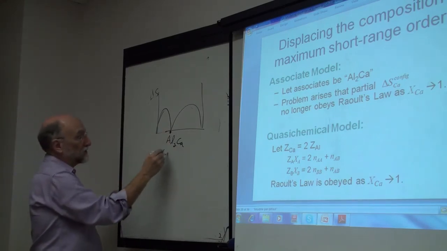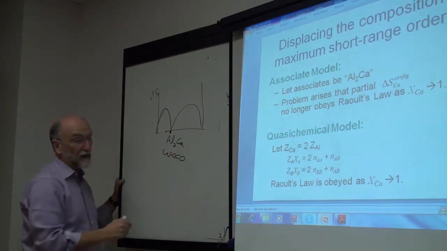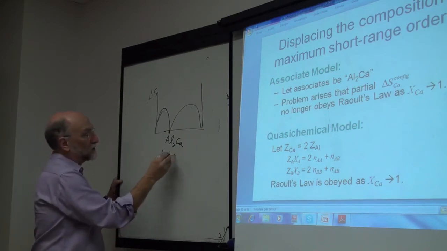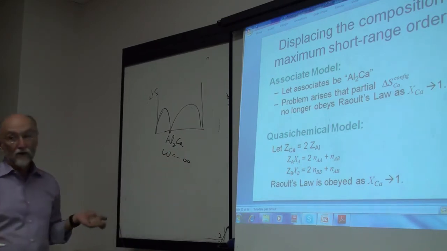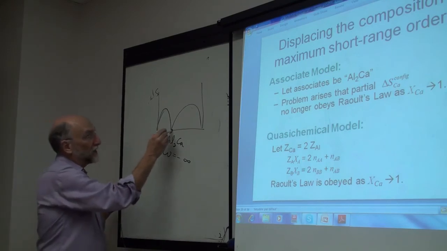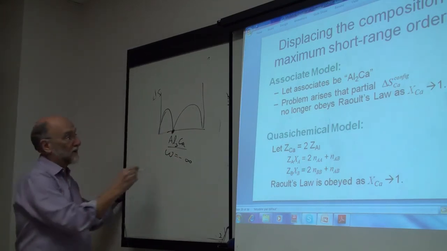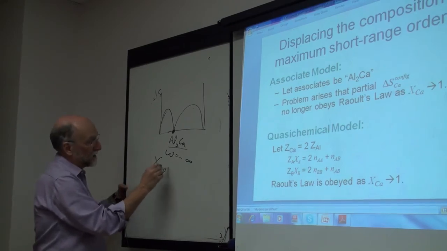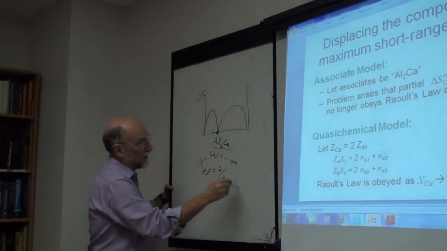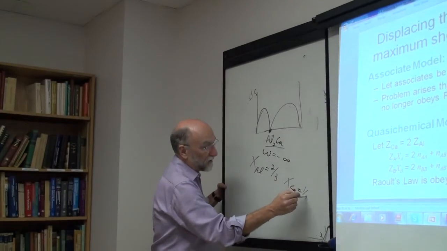So what I want to do is the same thing. I want omega to be very, very negative, or omega equals minus infinity, so you have extremely strong complexing. At this point, you're going to have only Al-Ca bonds. So now I want X aluminum to be 2/3 and X calcium to be 1/3.